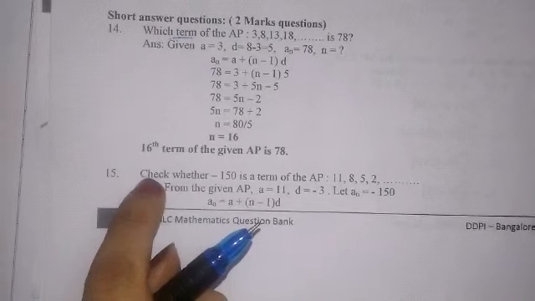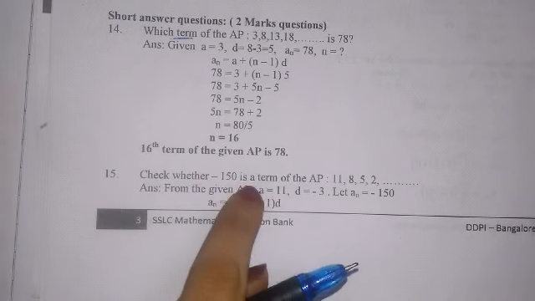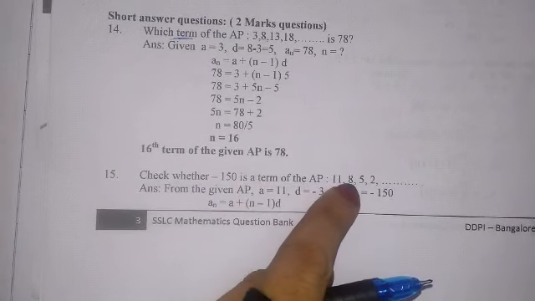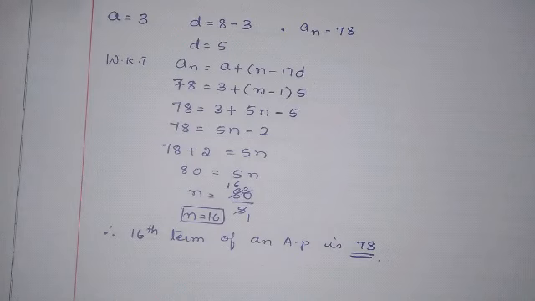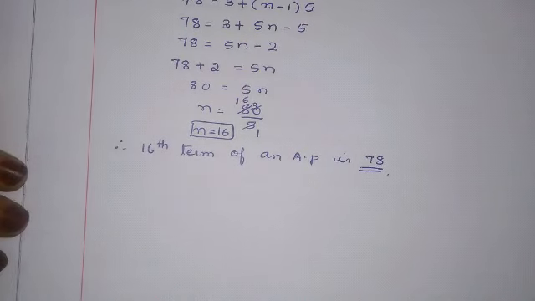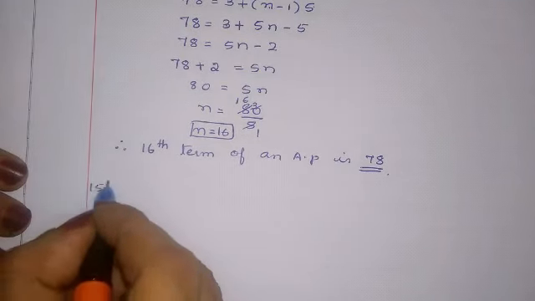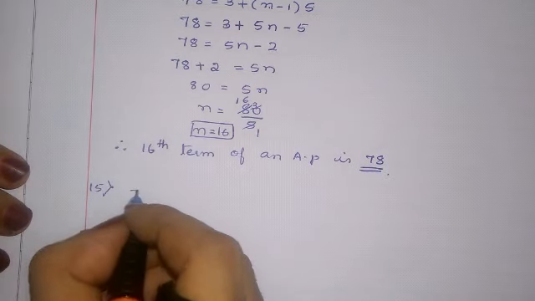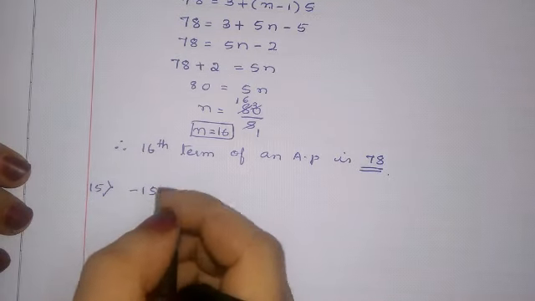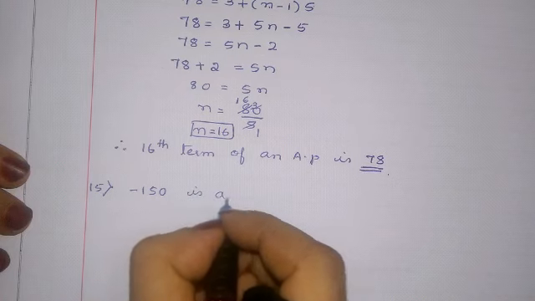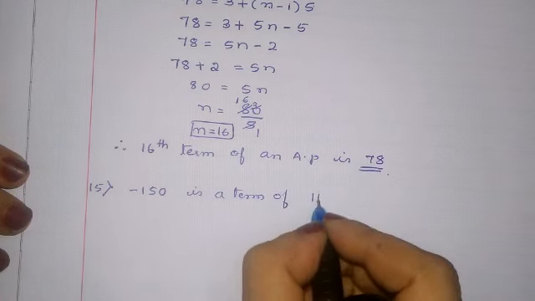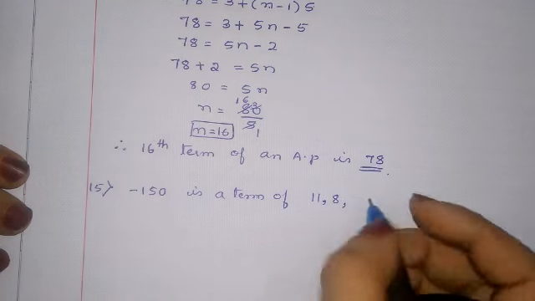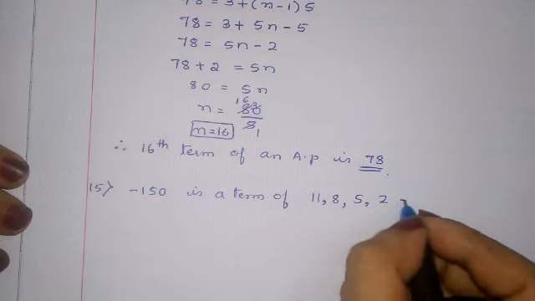The question is, check whether minus 150 is a term of the given AP or not. We have to check. Question number 15: is minus 150 a term of the AP 11, 8, 5, 2, and so on?